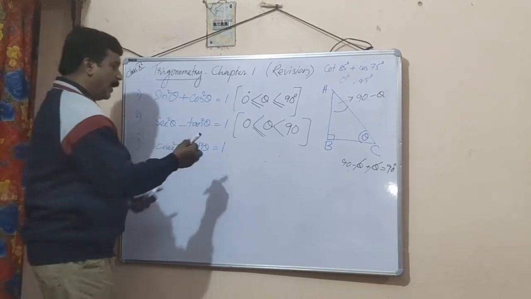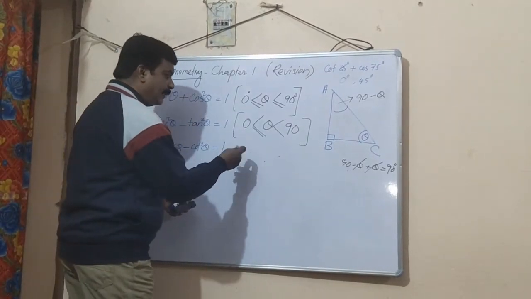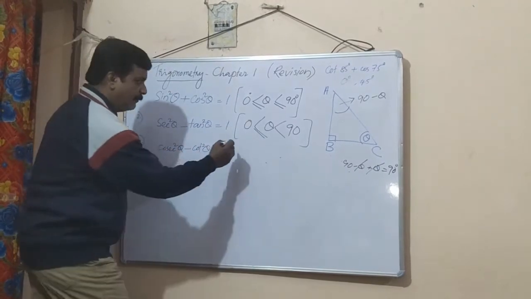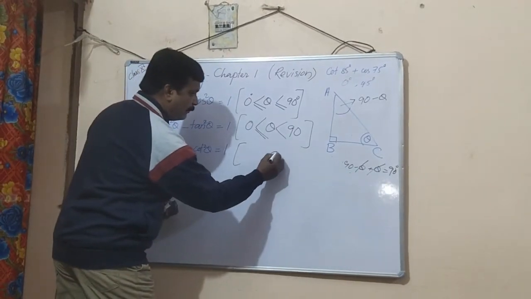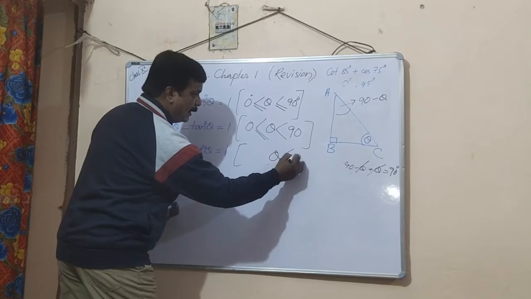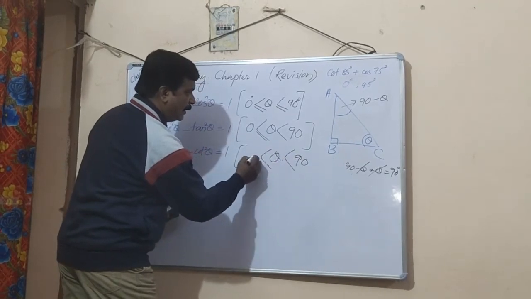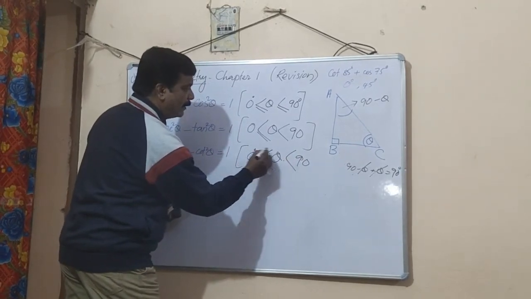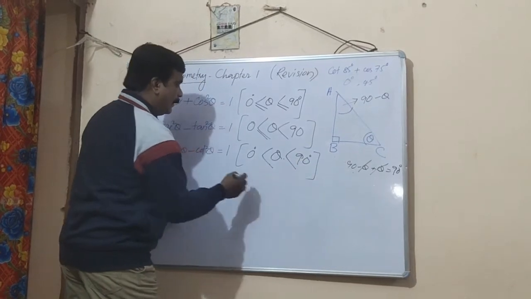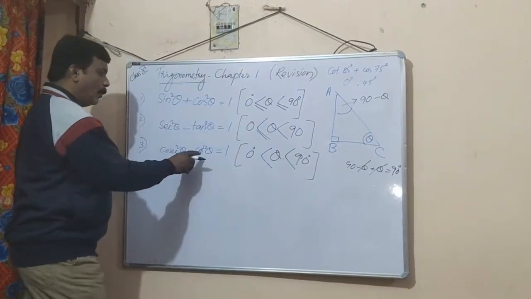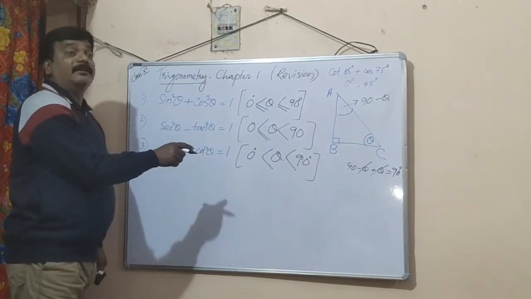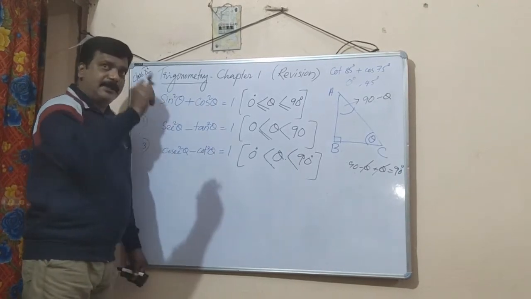Well, now the condition over here is slightly different. The condition is this: theta here 90, here it is 0 degree. You know one thing, here tan 90 is not defined. Cot 90 is defined.